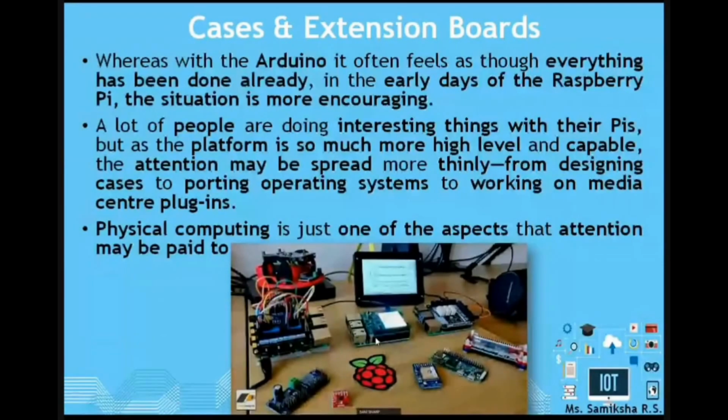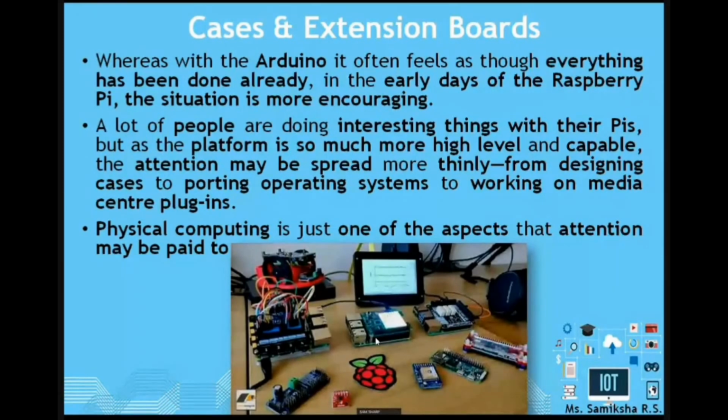So all these inventions were done for Raspberry Pi because Raspberry Pi is a platform which is having high amount of capabilities. It is much more high level. So therefore the scope of improvement or the development not only was just about physical computing, it was about these other aspects also.